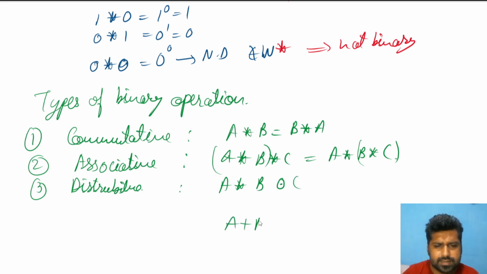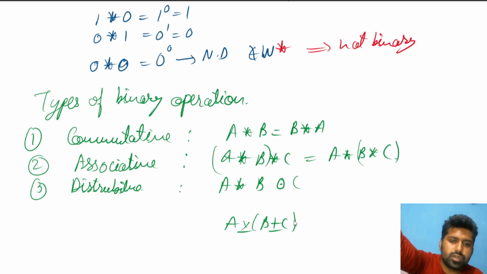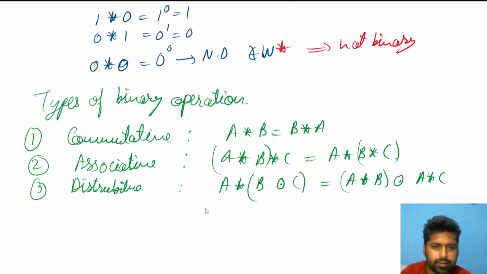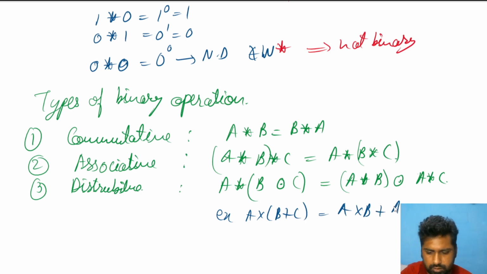It's like A into B plus C. In order to check the distributive property, you use two different kinds of operations, and the distribution should go like this: A star B, then dot, A star C. If you want to relate it, relate it with A multiplied by B plus C, it's A into B plus A into C. This is the distributive property that we actually study.